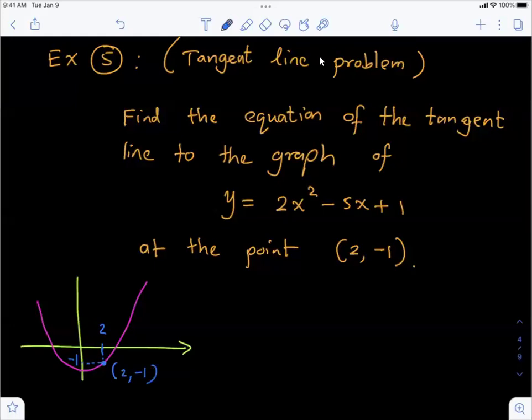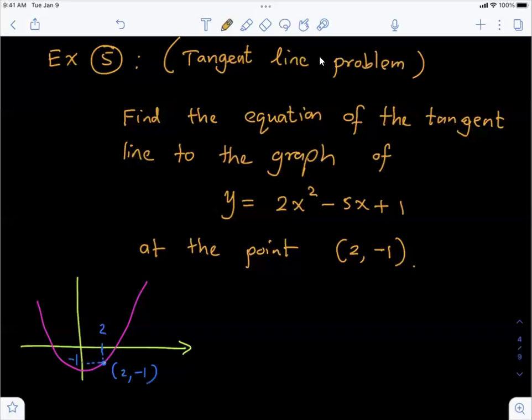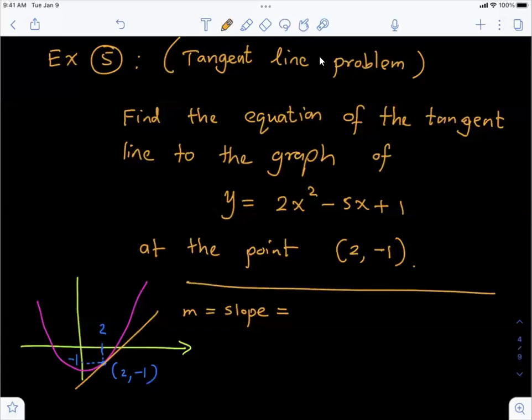Now what you need to understand is the fact that the slope of the tangent line, the slope equals, usually denoted by m, is none other than the derivative. So it's given by the derivative.